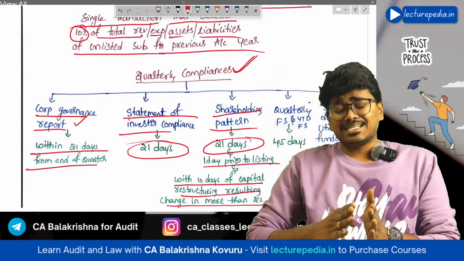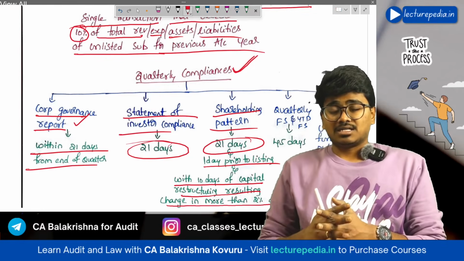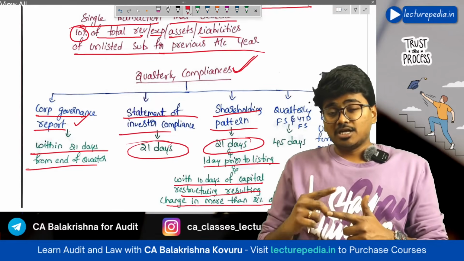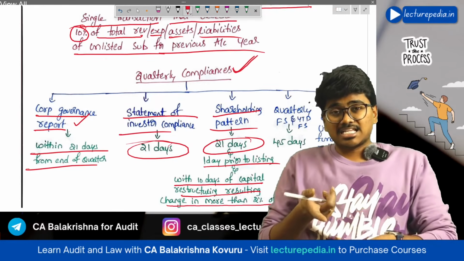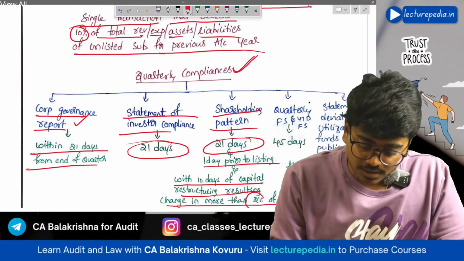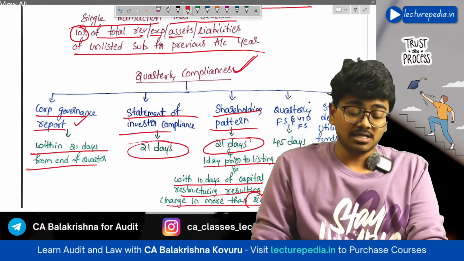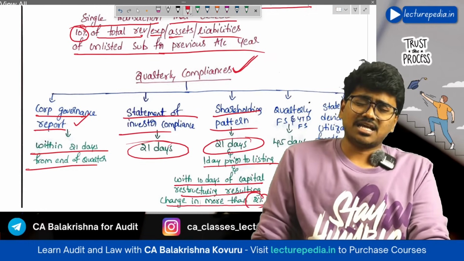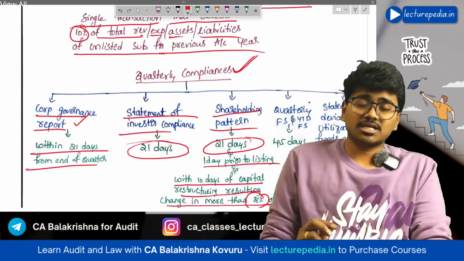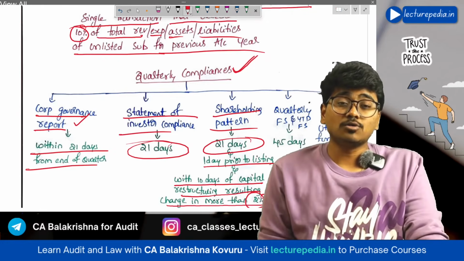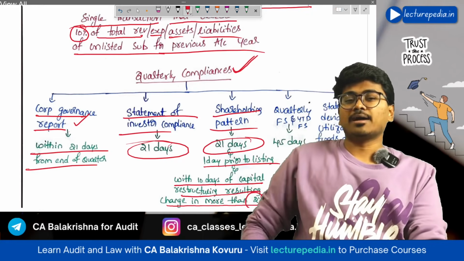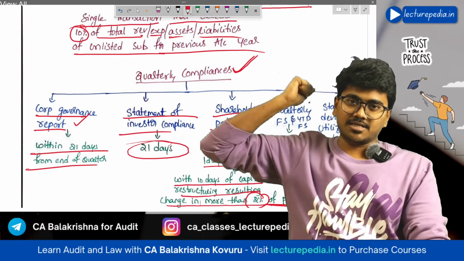At any time, if due to such restructuring there has been a change of more than 2% of the paid up share capital, then every such time you have to submit the shareholding pattern to the stock exchange.